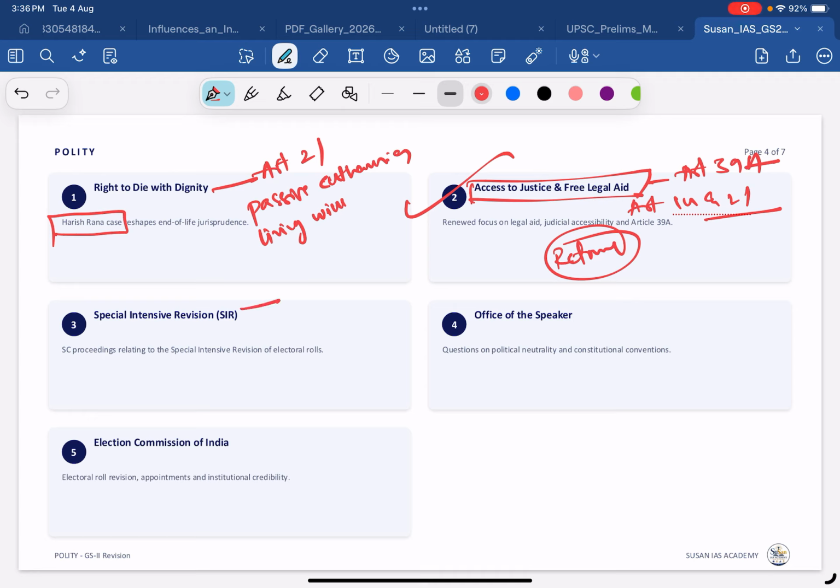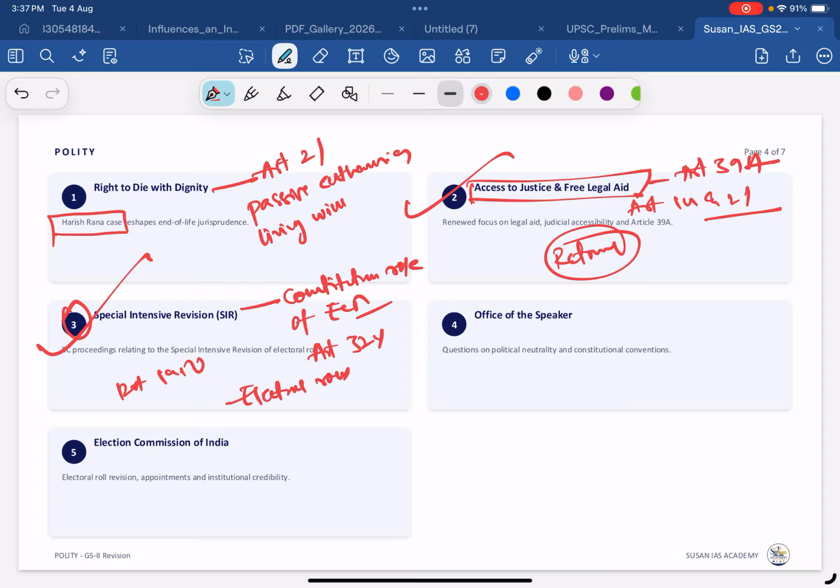So one has to know the constitutional role of ECI, Article 324 about electoral rolls, RPA Act 1950, citizenship document concerns and universal adult franchise, ECI's powers, and what are the judicial scrutiny and electoral integrity with disenfranchisement. These are the issues that can be covered under SIR, right.